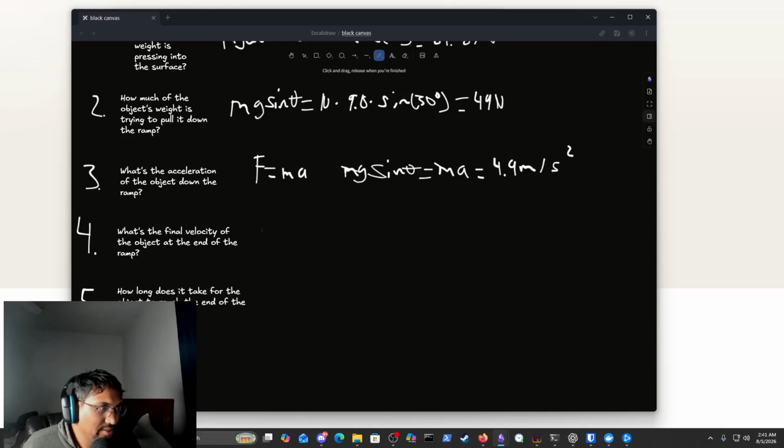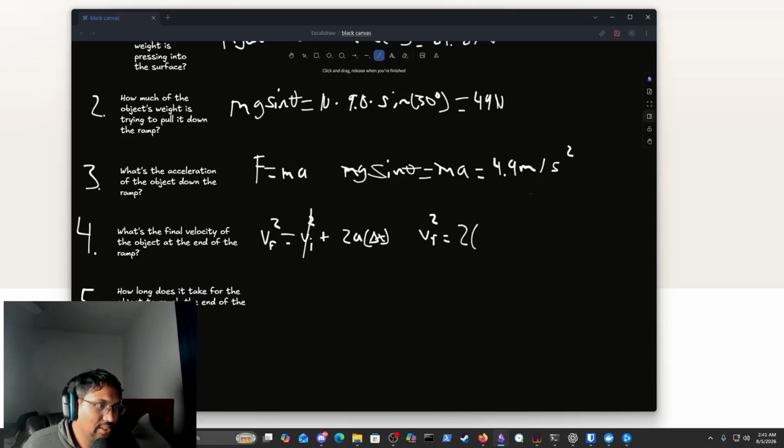The equation for that is the final velocity squared equals the initial velocity squared plus 2 times the acceleration times delta x. We're going to assume that, since it begins from rest, the initial velocity is 0, so that cancels out.